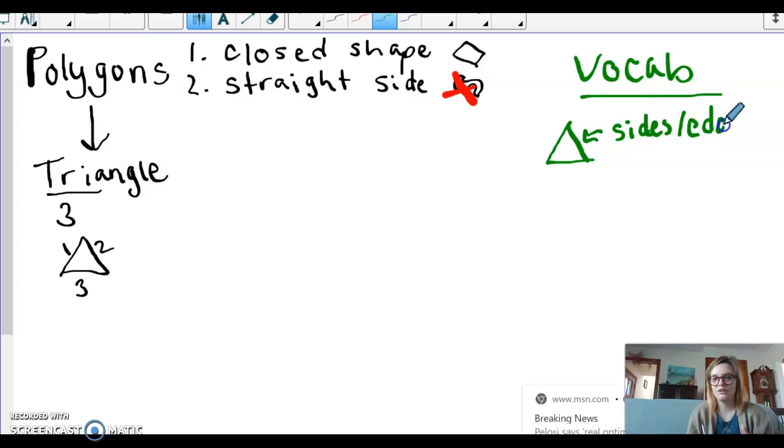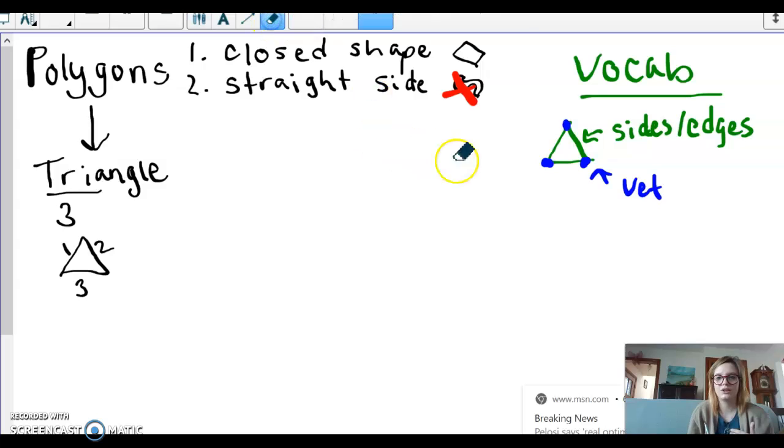Sides or edges, you can call them either way. They're pretty much the same. Now, where my sides and my edges meet, those corner pieces, and I'm putting all my dots on, we call those vertices for multiple, but just one, it's a vertex.